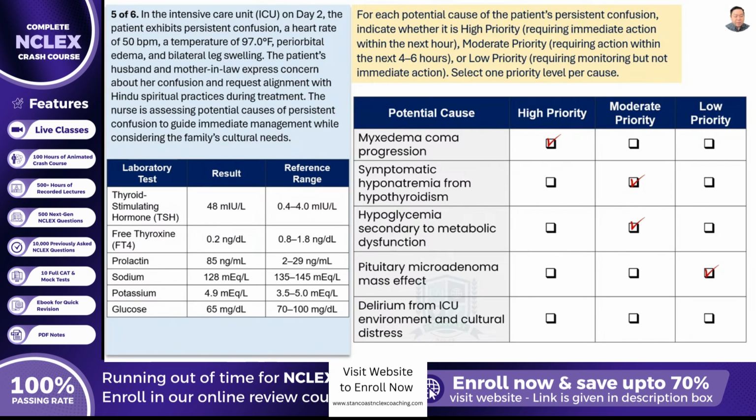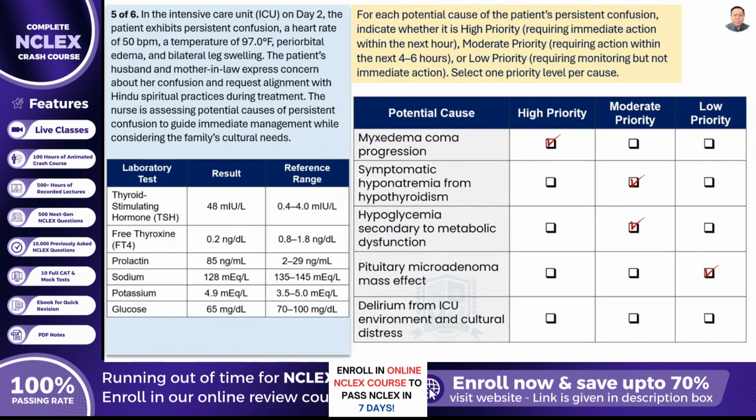Now, what about delirium from ICU environment and cultural distress? Well, ICU delirium is definitely a real concern because of fluorescent lighting. There is also sleep deprivation and unfamiliar sounds, such as the beeping of the monitors and IV pumps.